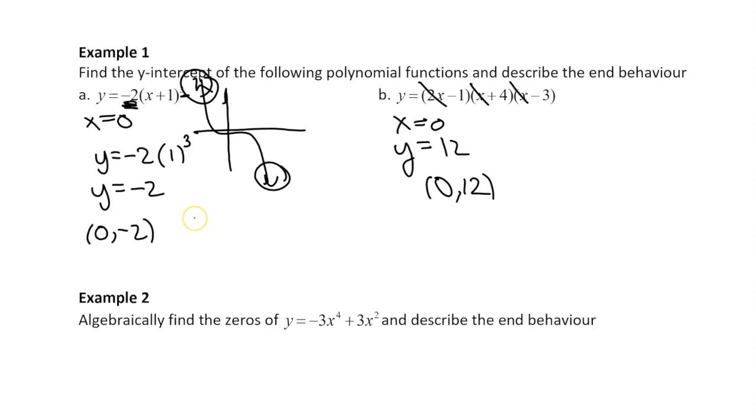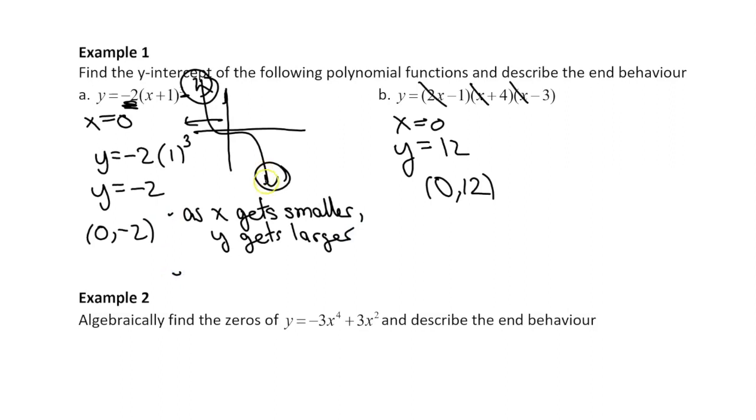You could say something along the lines of as x values get very small, so as they go to the left forever, the y values get very large. So you could say as x gets smaller, y gets larger. It's probably not the best description, but that's describing what's happening.